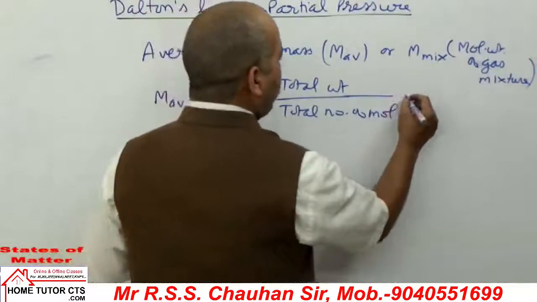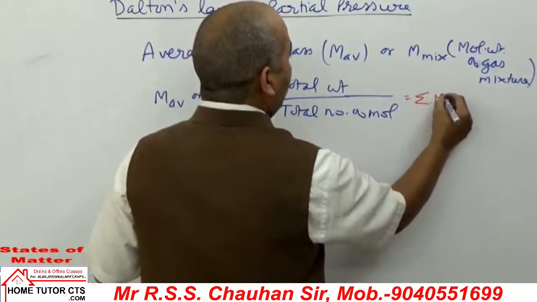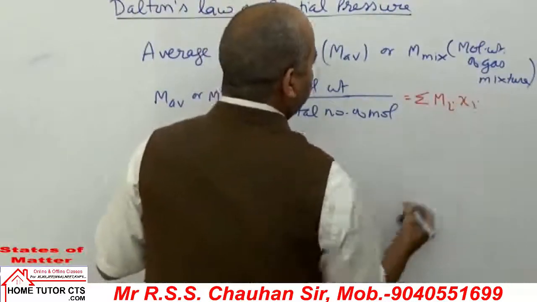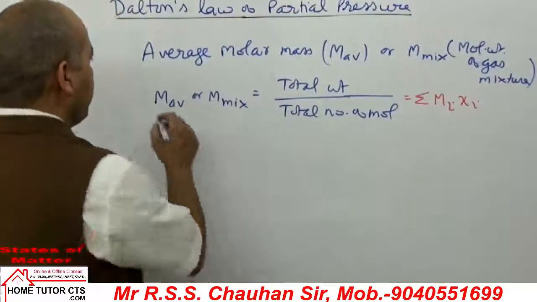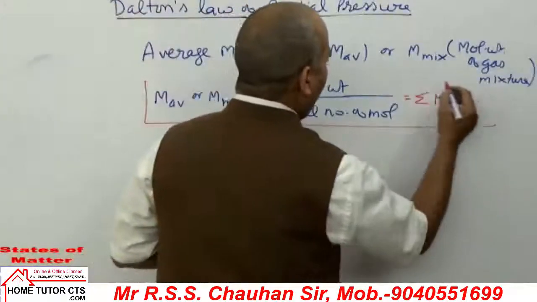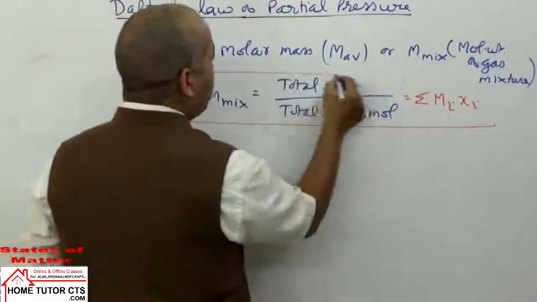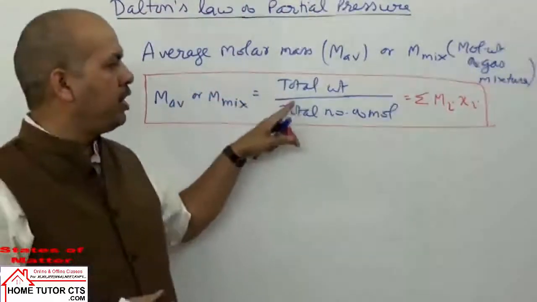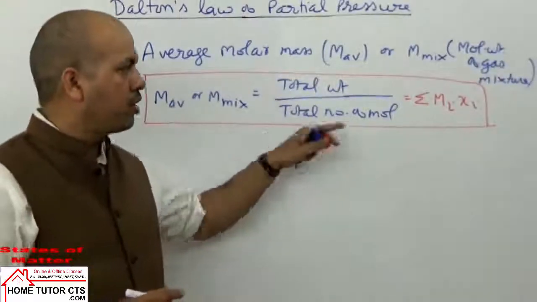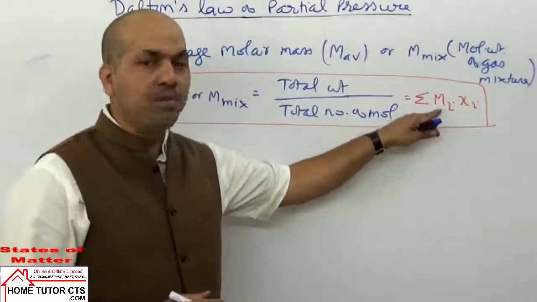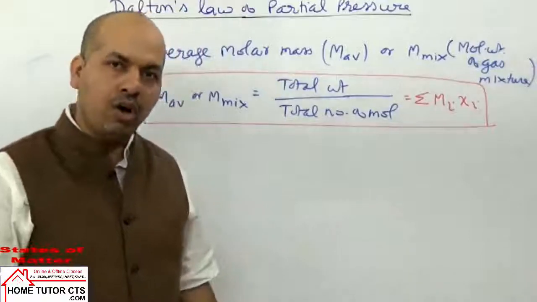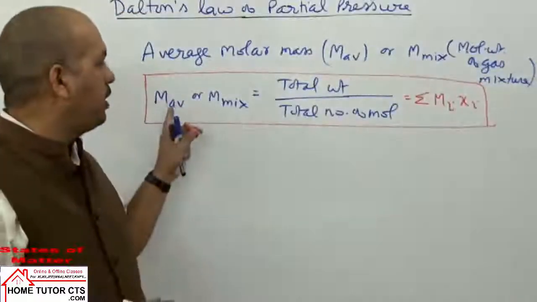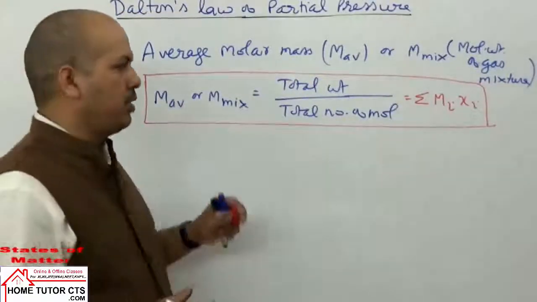Or we can have one more expression: the summation of molar weight into mole fractions of the gas mixture. That is how we can find the average molar mass of the gas mixture. It is simple: total weight by total number of moles, or the summation of the product of molar weight into mole fractions of different gases will give the M average or M mixture.